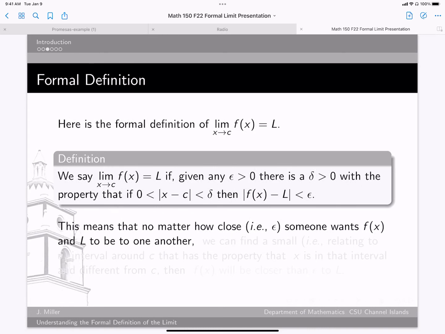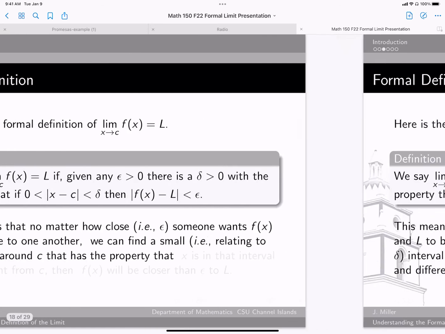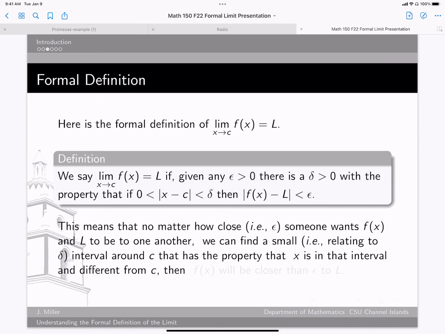This definition means that no matter how close, that is epsilon, someone wants the output value f of x and L to be to one another, we can find a small distance, a small interval around c, that has the property that if x is in that interval and is different from c, then f of x will be closer than epsilon to L. You might want to stop and read this paragraph again and look at the definition, maybe once or twice, just to see how we can interpret the definition. And we'll tease this apart some more.